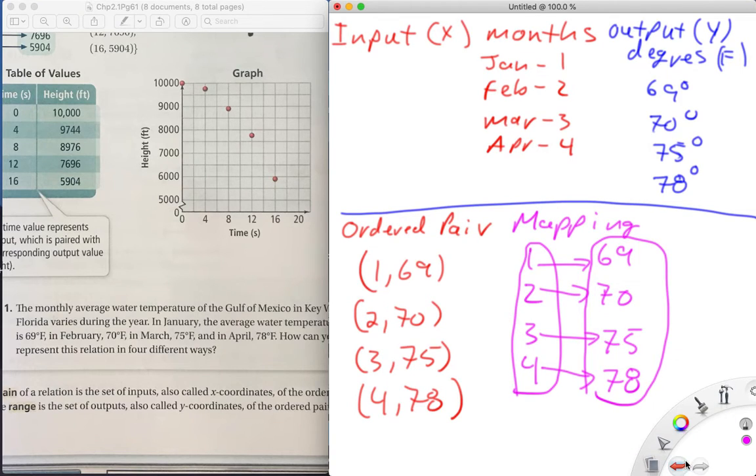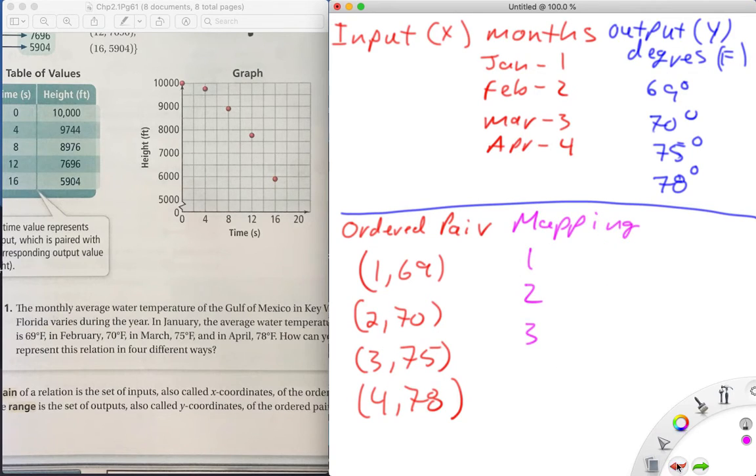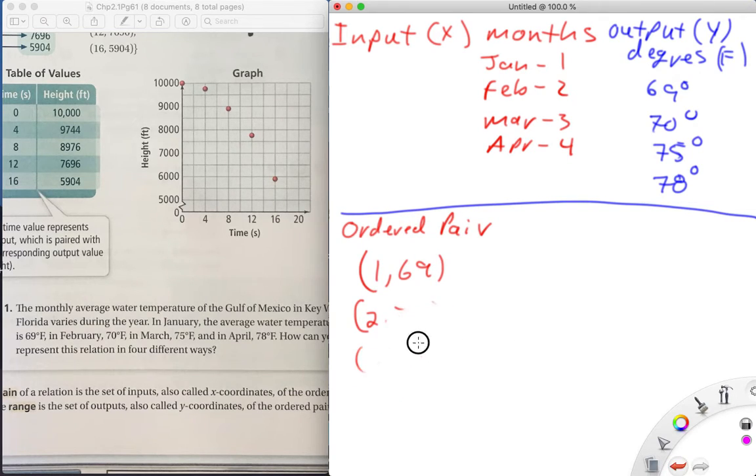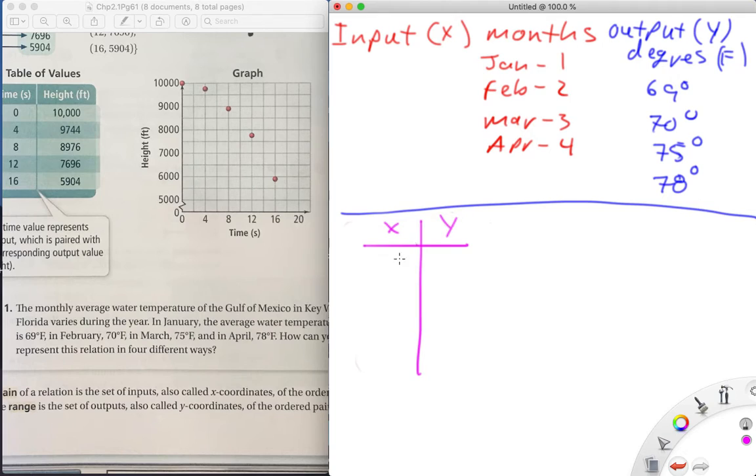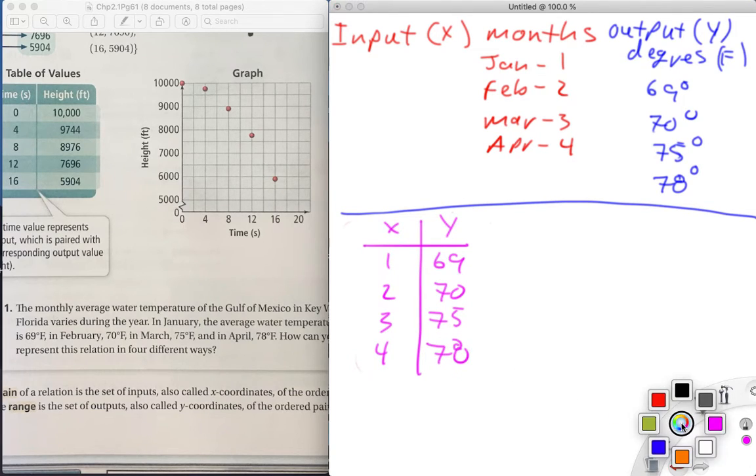Then there's a table, and that's my favorite one, my chart. So I have my X and my Y: 1, 2, 3, 4, and 69, 70, 75, 78. And the other way to do it is to graph it.